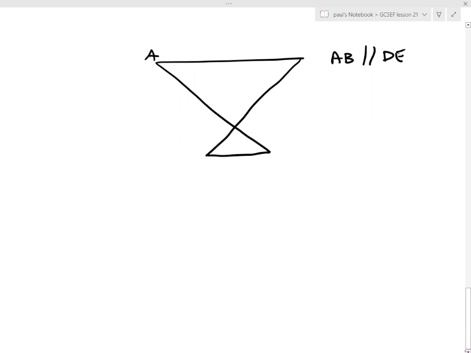So this must be A, this must be B, this must be D, and this must be E. So we'll make the middle C, will we? Because it's the only letter missing. Right, find DE. So we need a 12 there, 10 there, and an 8 there.